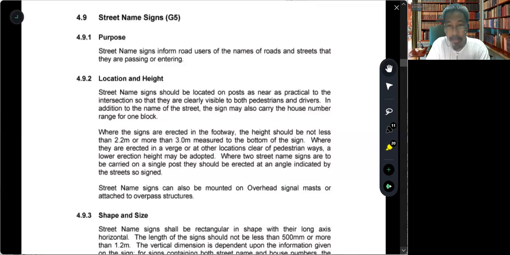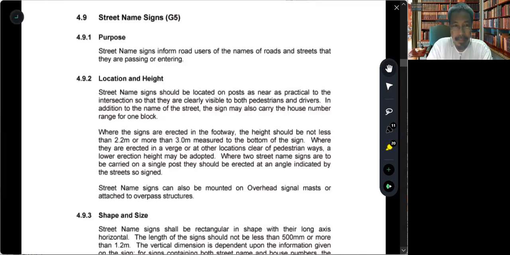This must be followed. But some of the municipalities, particularly those farther away from the NCR, do not follow these things. Even some areas that are near NCR, the neighboring municipalities, do not have those house number range from one block up to the last house number.